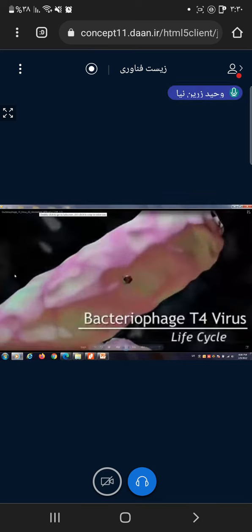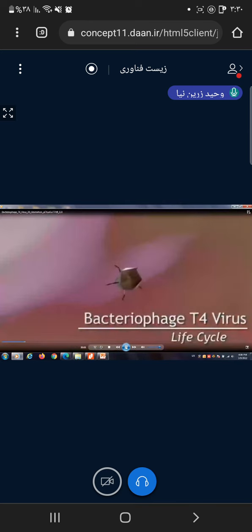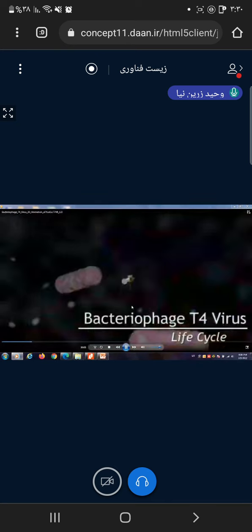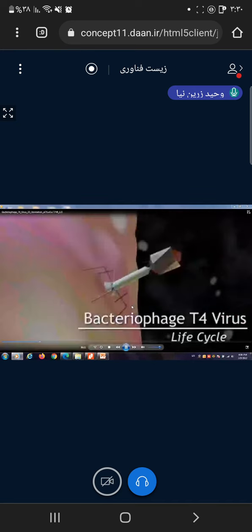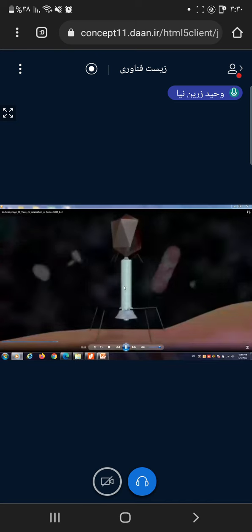The T4 phage initiates infection of an E. coli bacterium by recognizing cells. It is a phage, and in this you can see the life cycle of the bacteriophage T4 viruses. Of its receptor of its long tail fibers. The recognition signal is sent through the long tail fibers to the base plate.